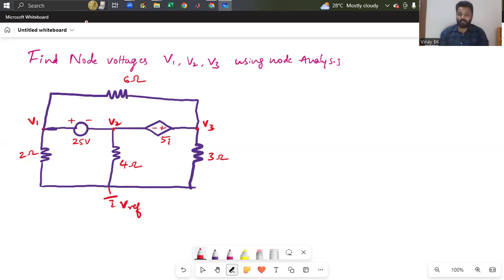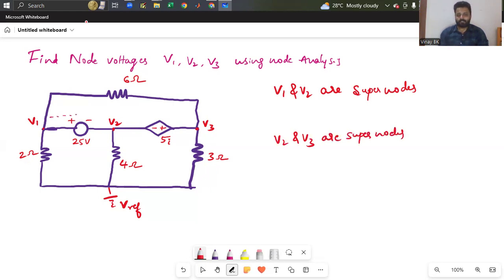V1 and V2 form one super node. Similarly, V2 and V3 are supernodes. You can see this line is the supernode line.